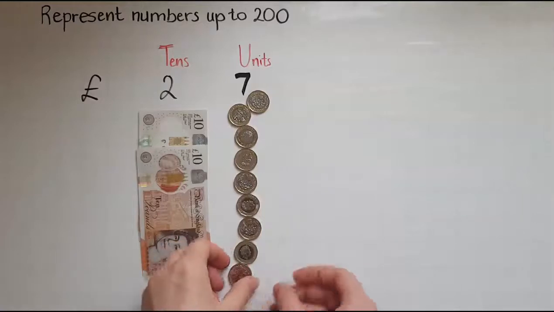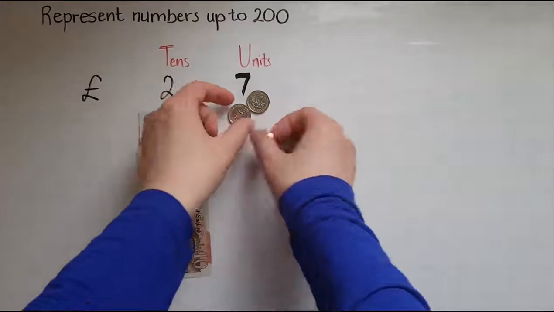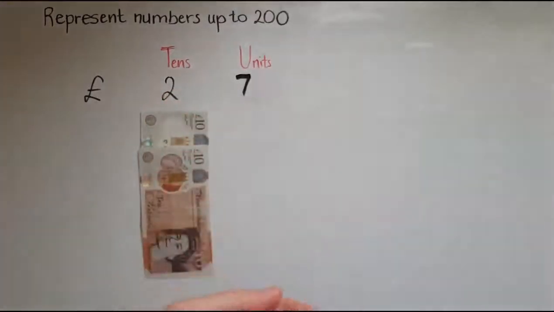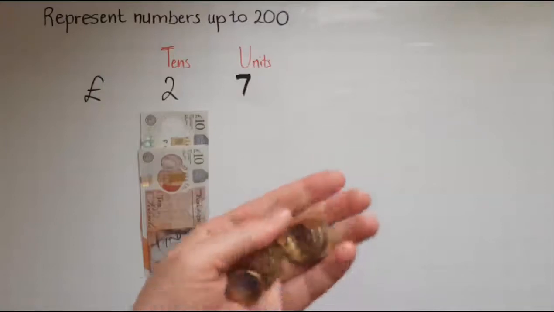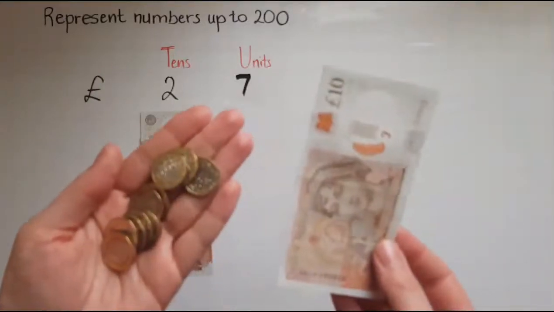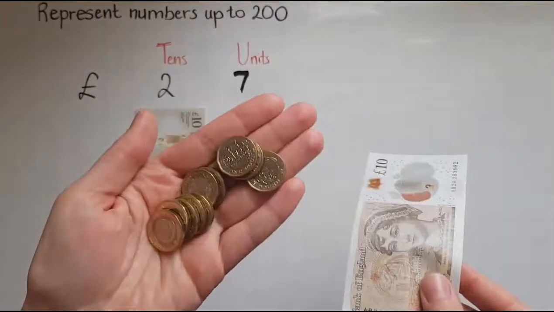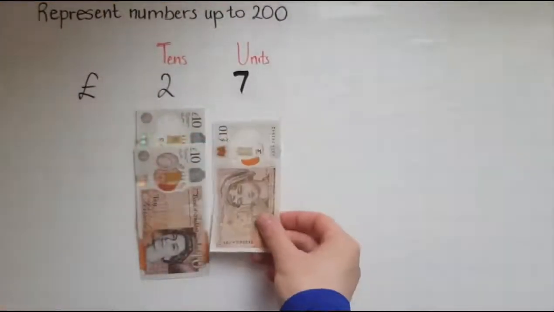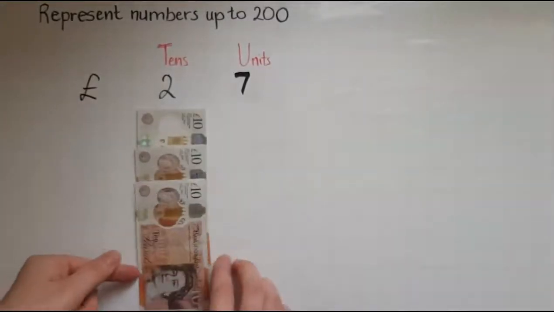So I will collect these £10 notes and I will transfer or convert them with this £10 note. And do I keep it here? No, it's got to go to the tens, not the units.